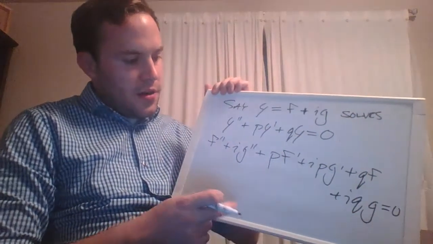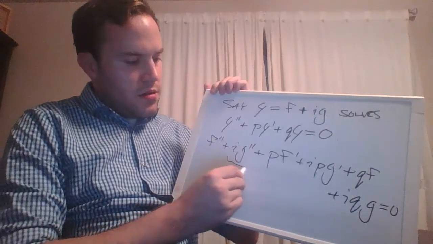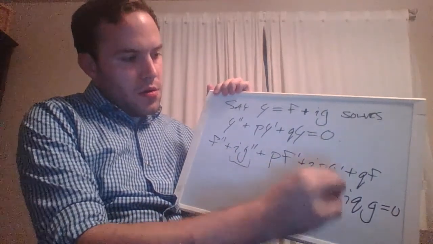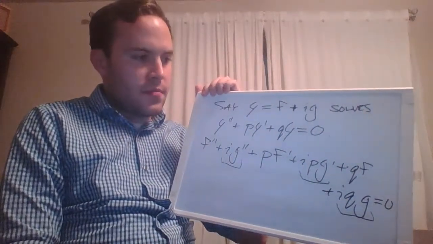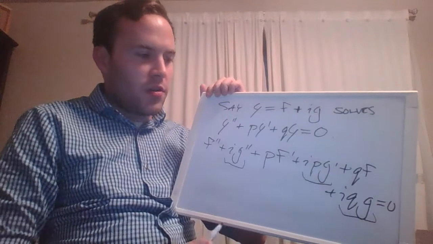Now, the thing we want to do here is we want to isolate, or rather group together, all of these imaginary parts. And similarly, we're going to group together all the real parts.